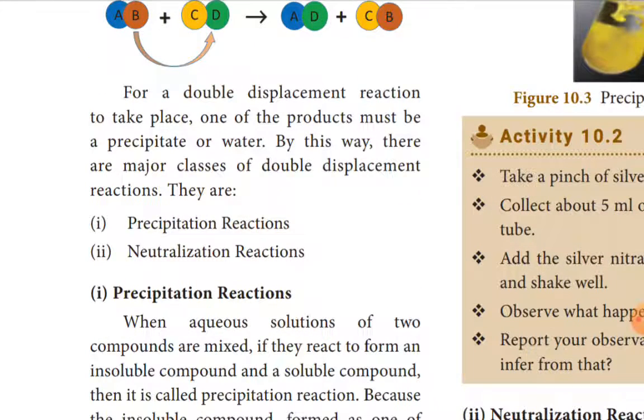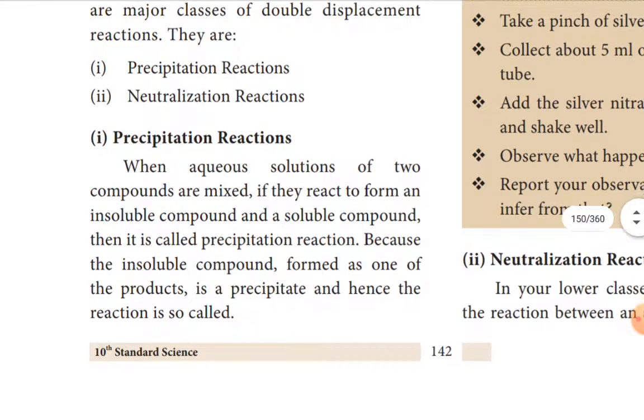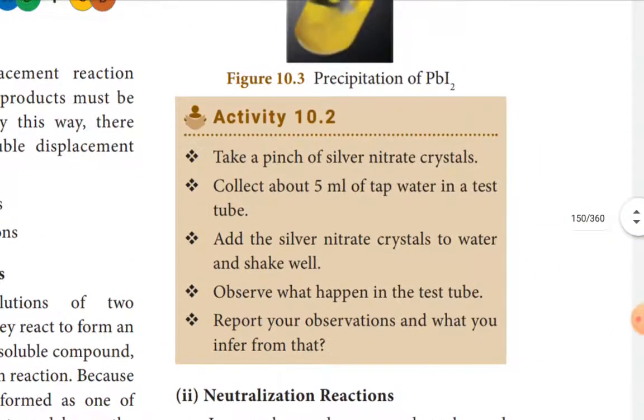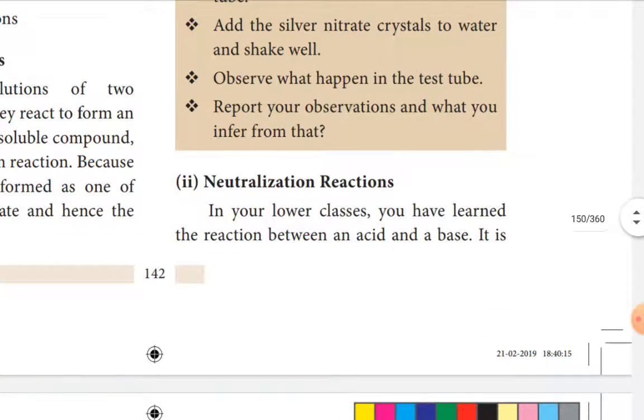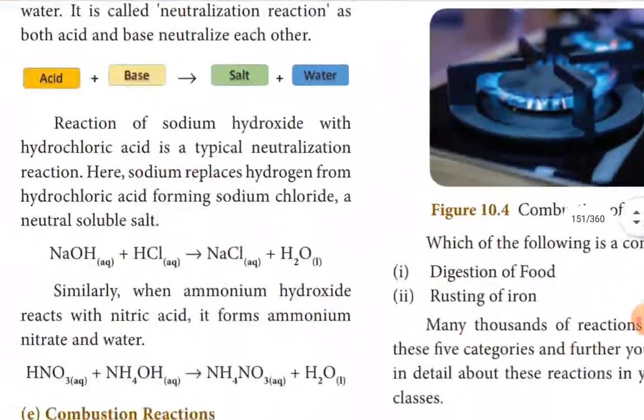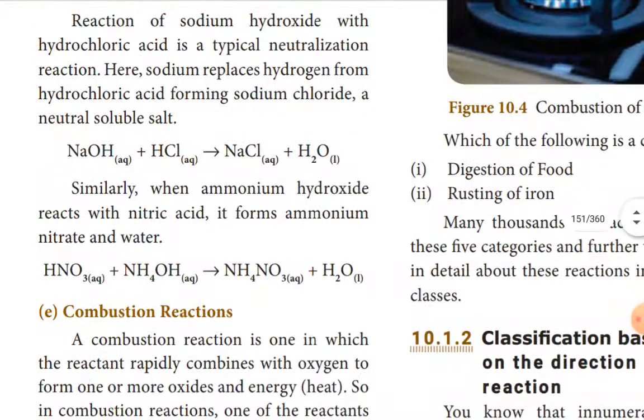It has two types, precipitation reaction and neutralization. In precipitation, during the formation of products, any one product may be an insoluble substance, that is called a precipitate. A neutralization reaction is a common reaction where an acid reacts with a base, and salt and water are formed.